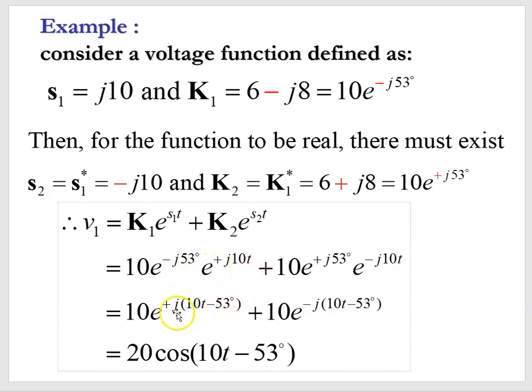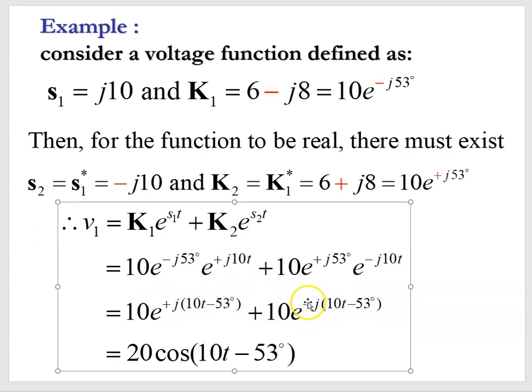So we can combine those: 10 e to the j in parentheses 10t minus 53 degrees plus 10 e to the negative j in parentheses 10t minus 53 degrees. So if we use our Euler's identity, we have negative 53 degrees here and negative 53 degrees here. Here's our plus and minus.